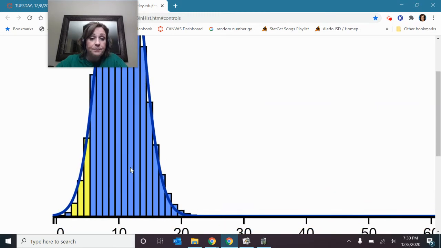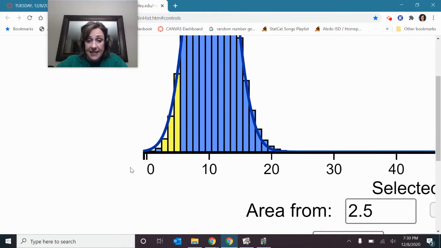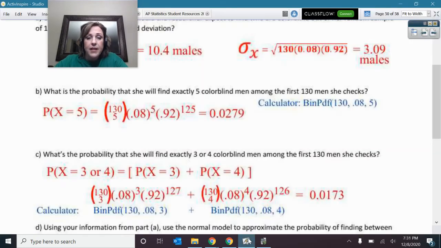If I zoom in, that mean is centered at about 10.4, and then we had that standard deviation of 3.09. This bar right here is the 5 colorblind men out of the 130, and that's the area for that event.